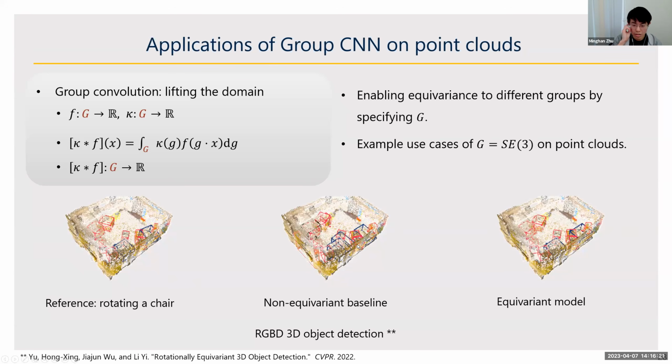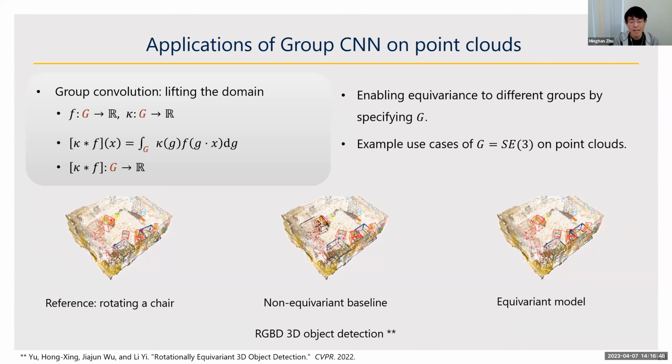It will regard every rotated chair as a completely different scenario, so the detection result is not consistent. However, if the model is equivariant, you can see that the detection result is very consistent, and the rotated chair can be reliably detected with the orientation also estimated reliably.